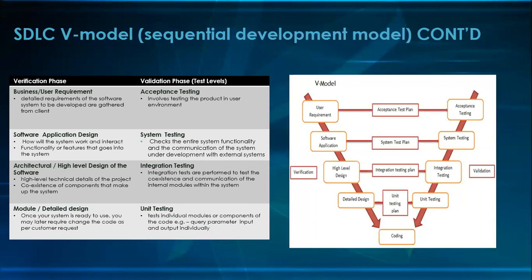If it's minimum 4, then it should not accept 3 characters. You understand? So verification is, am I doing as expected by the user? Verification is like my expected. Validation is my actual.